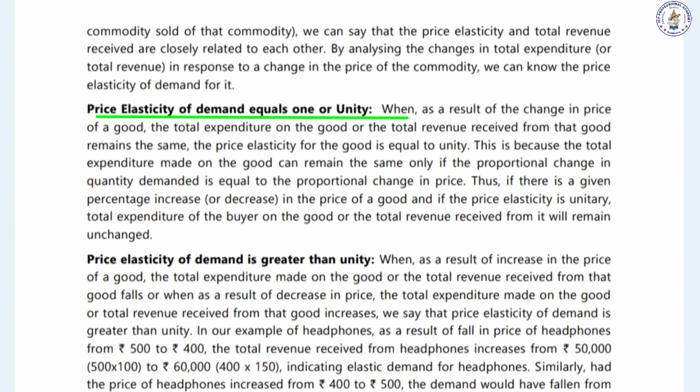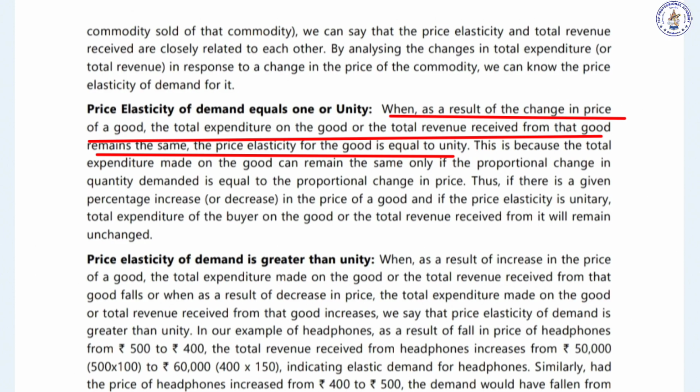Price elasticity of demand, if it is equal to 1 or set to unity, what does it mean? That means that when the price of a good changes, the total expenditure on the good or the total revenue received from that good remains the same.